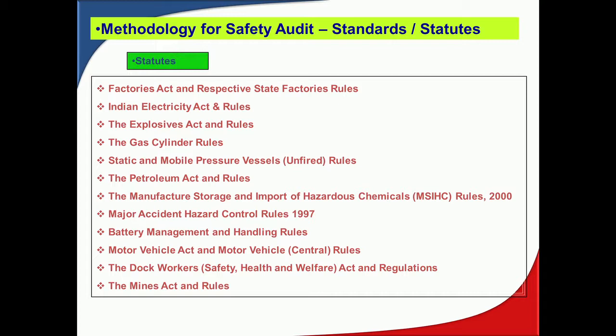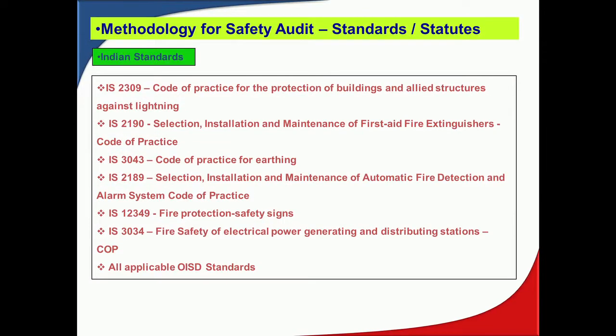Then MAH rules, the Mines Act if relevant, and dock workers' rules if they are handling in the shipyards. Then Indian Standards, some related ones like IS 2190 on maintenance of fire extinguishers, earthing, detection system, and alarm system.